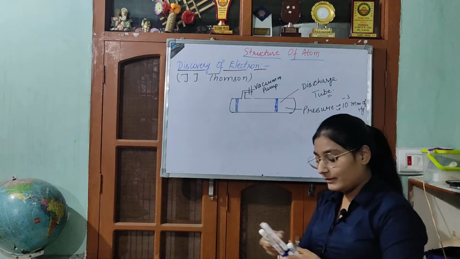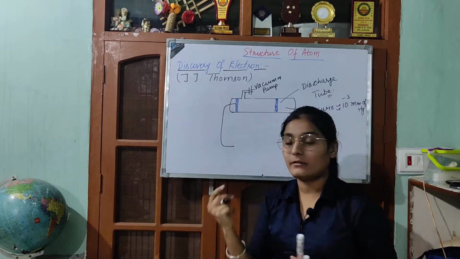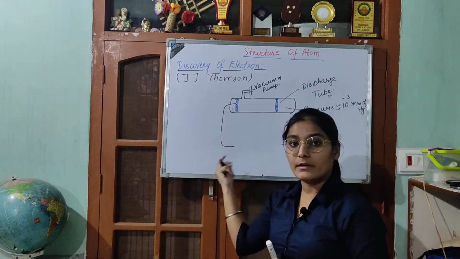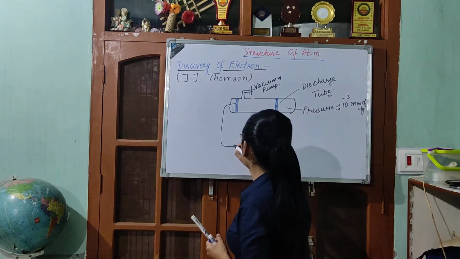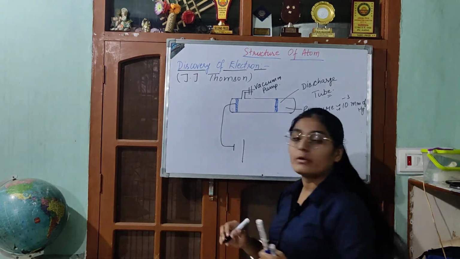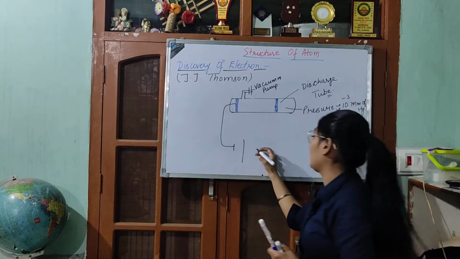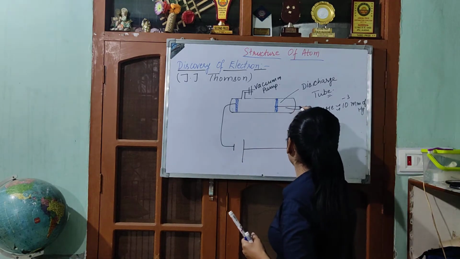Then he attached these metallic strips to a battery in order to provide current. This is the negative terminal of the battery and this is the positive terminal. We have already discussed the terminals of a battery in previous lectures.